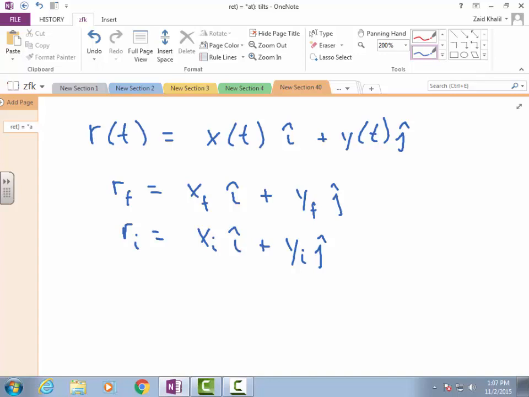And similarly, x_f, y_f. And what do you notice? This displacement vector, which goes like that, is equal to what? It's equal to this vector plus that vector. And if you notice, what is this vector? x_f minus x_i. And what's this vector?